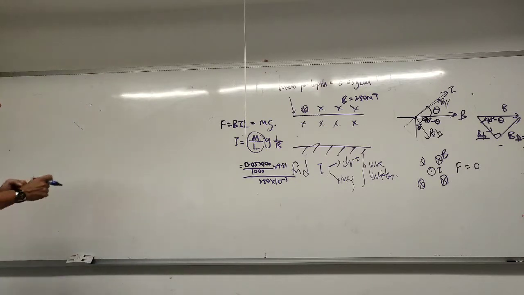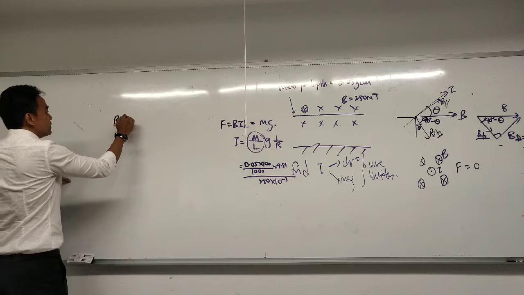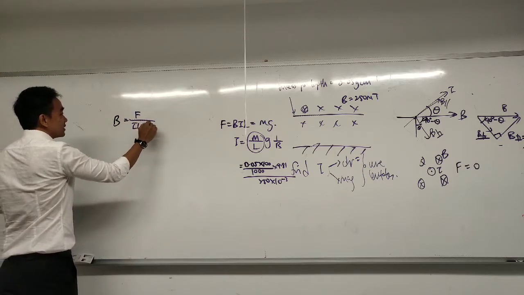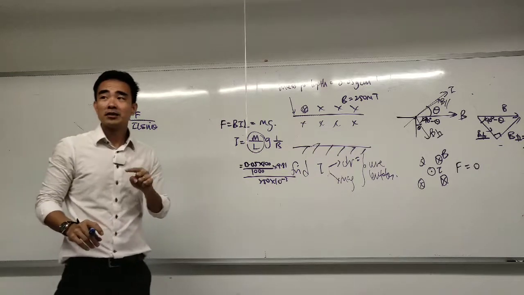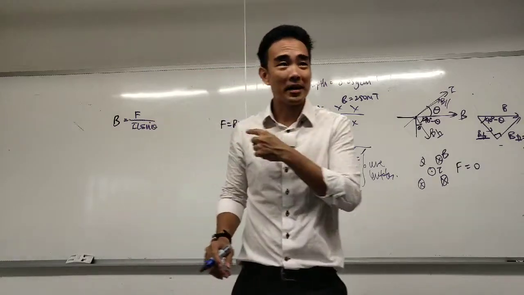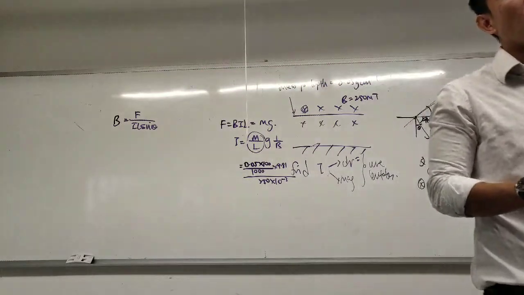Okay, let's go. B is equals to F upon IL sine theta. In case you think that F equals to BIL sine theta came first, no, this is the one that came first. This is the defining equation for magnetic field strength.